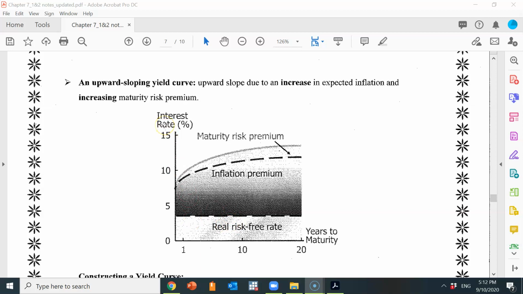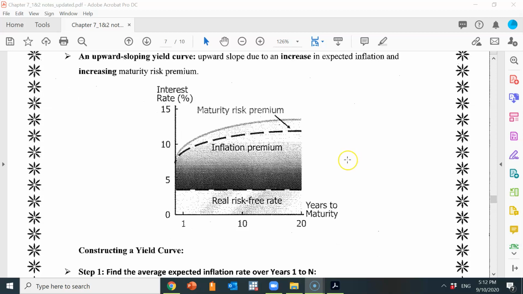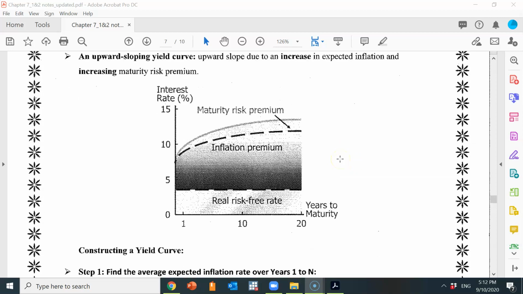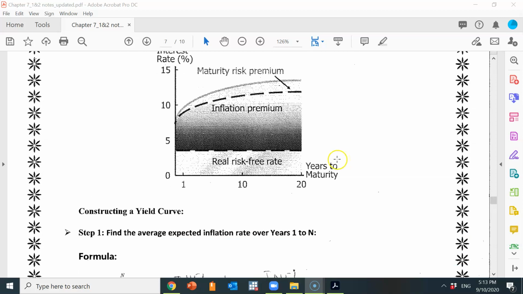So the interest rates should be higher for longer term bonds. All right, so this is a typical graph for the yield curve.